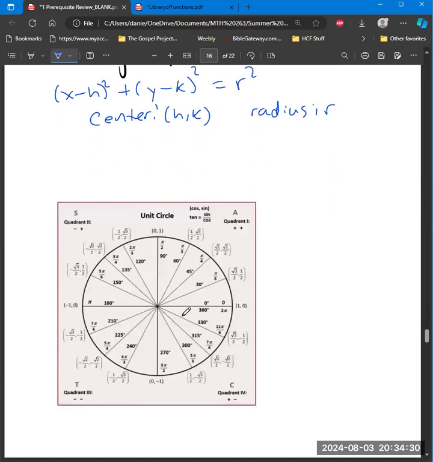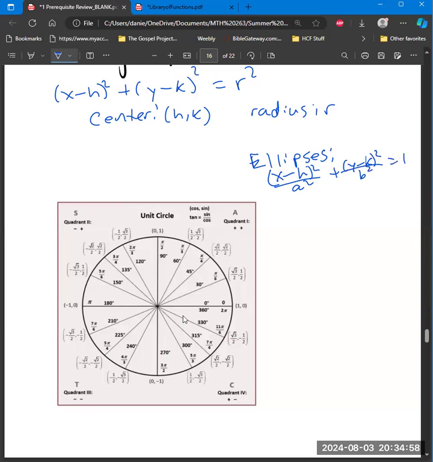So if you remember, ellipses were very similar, but they had a major axis and a minor axis. And we had (x minus h) squared over a squared plus (y minus k) squared over b squared is equal to 1.